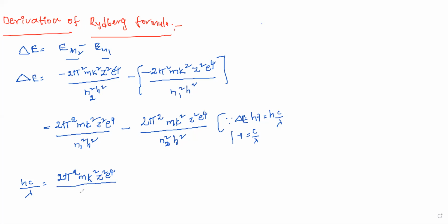Yes or no? The remaining will be 1 by n1 square minus 1 by n2 square. Is it clear? Except n1 square and n2 square, the remaining are all the same. That's why we are taking this common.